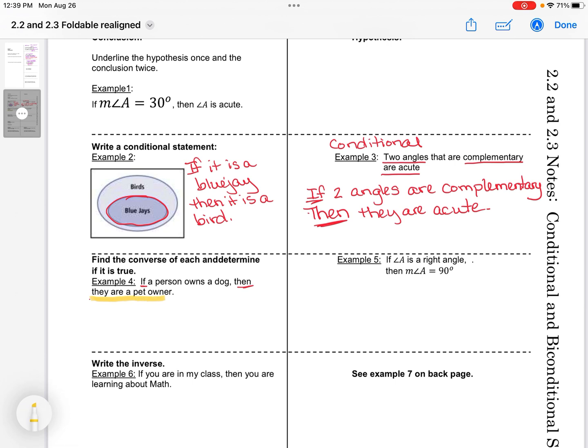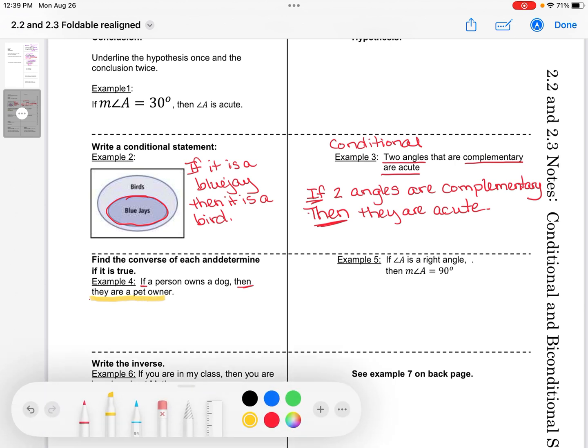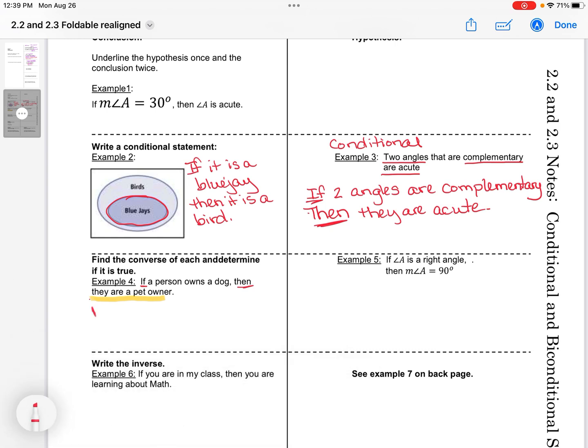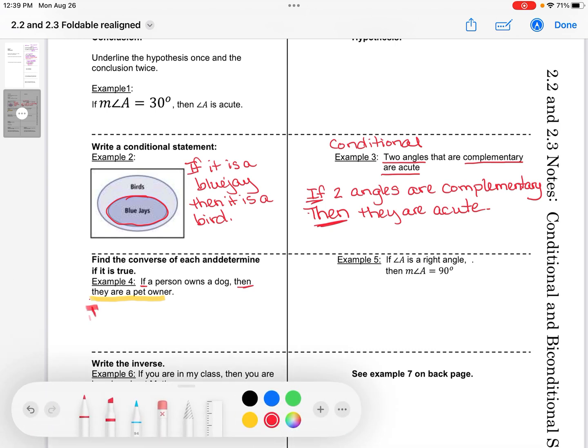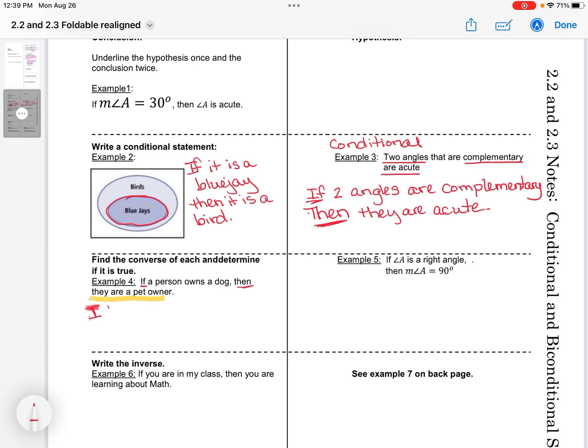I'm going to put this first and the other part second. So if I was going to rewrite that, I would write: if a person is a pet owner, then they own a dog.